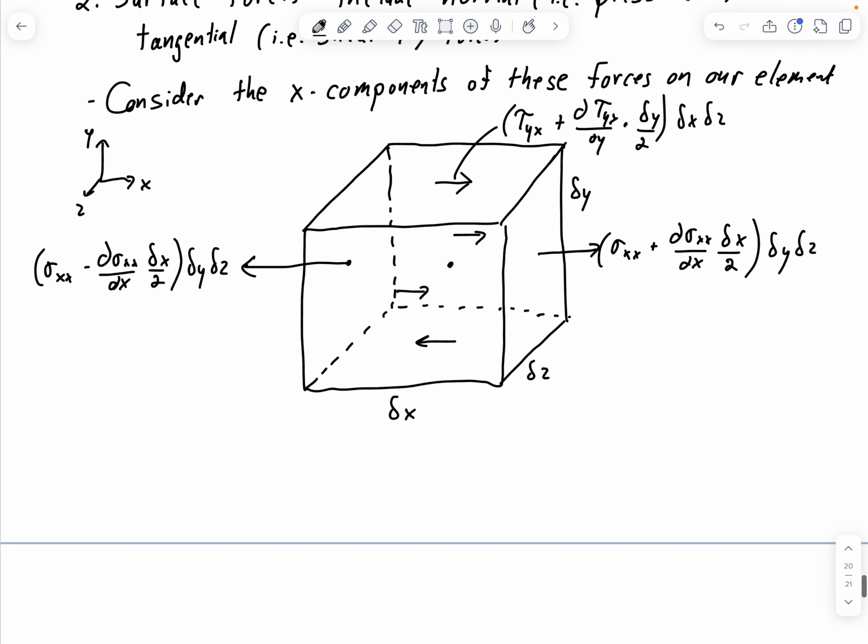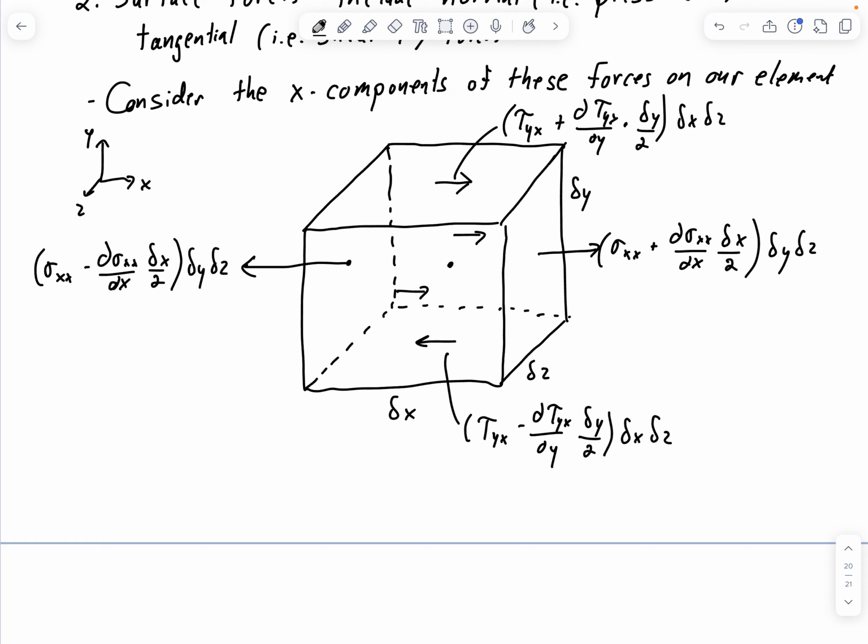And we can do something similar for the bottom one right here. This one will be tau yx minus del tau yx by del y, multiplied by delta y over 2, and multiplied by the area of that bottom face, which is delta x times delta z. So that covers the top face and the bottom face.